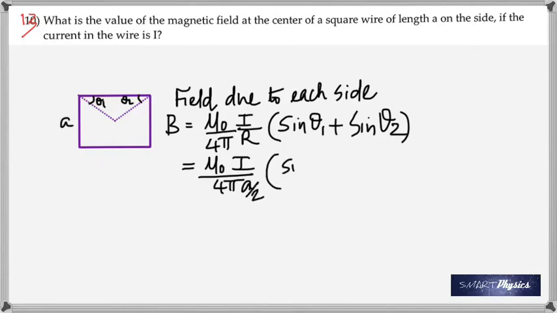In this case, the radius is just a by 2, and the angles are all going to be 45 degrees.